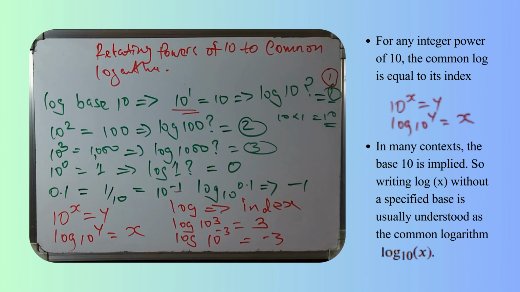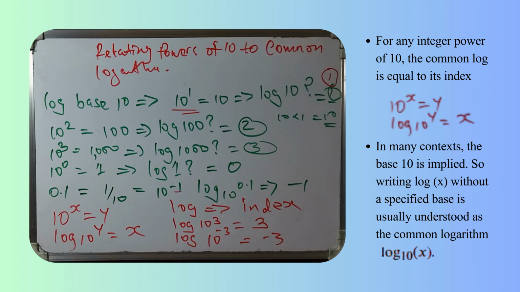I don't know the easiest way to explain this, but can you think of it like the index, or the power, or the exponent, is the boss in the index world. But in the logarithm world, that power becomes the answer.